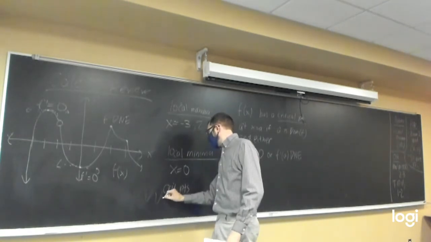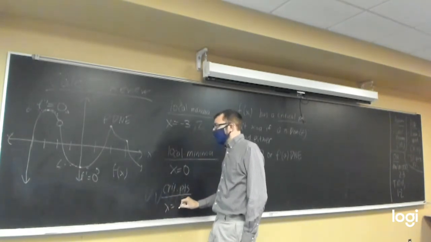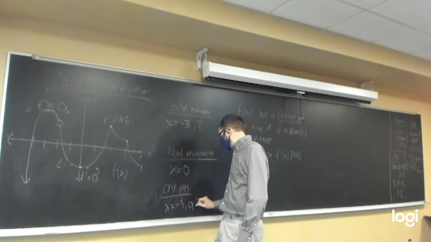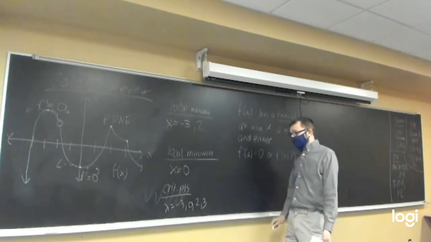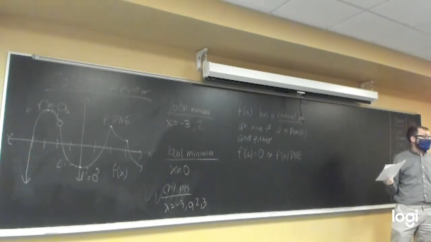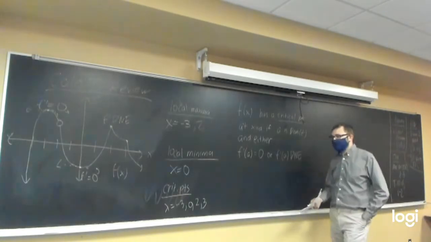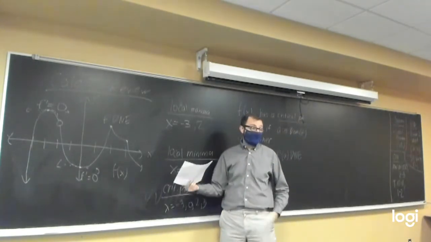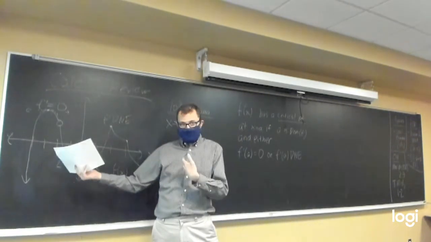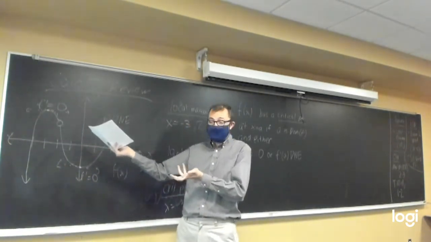So for instance, in this graph, I think we can say we'll have critical points at x equals -3, 0, 2, and 3. These are all values in the domain of our function, meaning at any one of these 4 points we could plug x into the function and get an output, unlike at, say, x equals -2, where f of -2 does not exist.